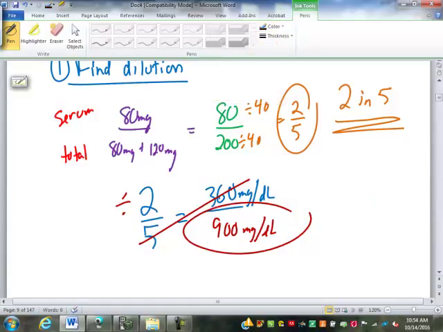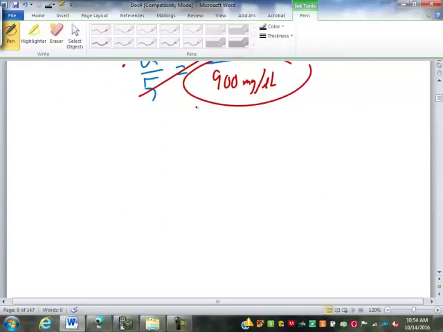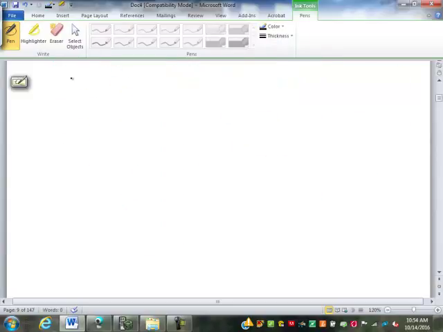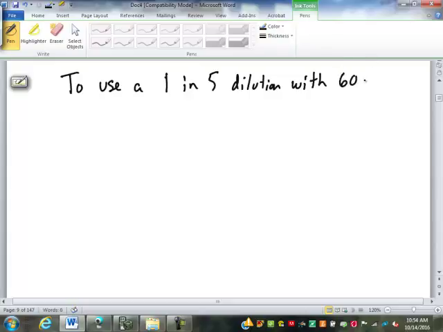So let's do one more example. Again, we assume we're going to exceed the meter. Let's say to use a 1 in 5 dilution, with 60 milliliters of blood.